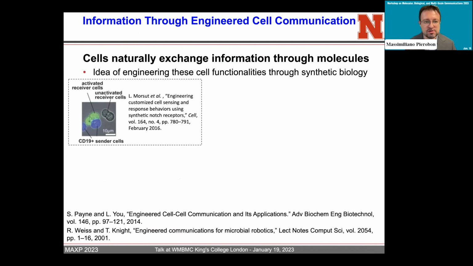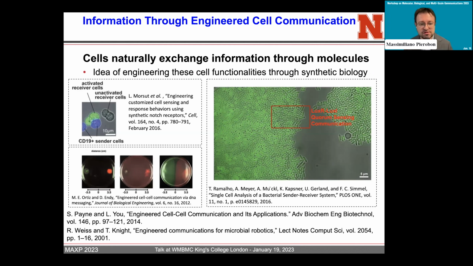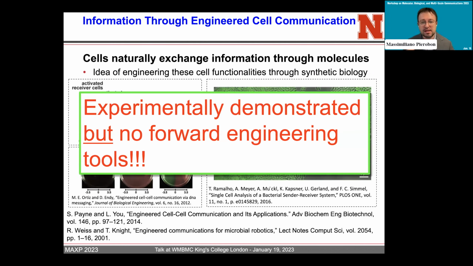So a little bit of an overview of what is around in biology. There are many systems and many ways to observe that cells actually exchange information, and it has been experimentally demonstrated many times. But what was lacking, at least at the beginning of our work, was a little bit of forward engineering tools.